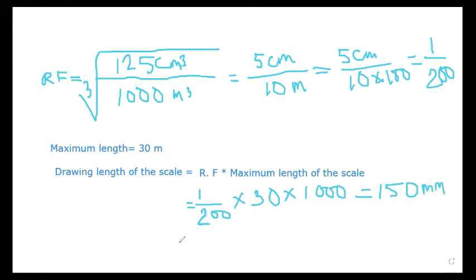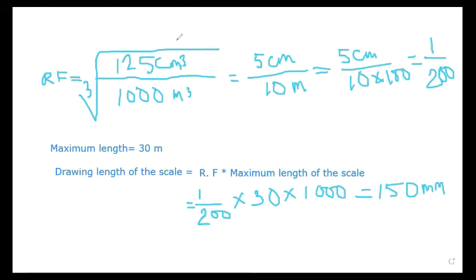So here, the 30 meter length of the scale means when you draw a line of 150 millimeter, this is represented as a 30 meter scale. Because you find out the RF, from this you find the maximum length, and from this you get the drawing length of the scale. This will be 150 millimeter.